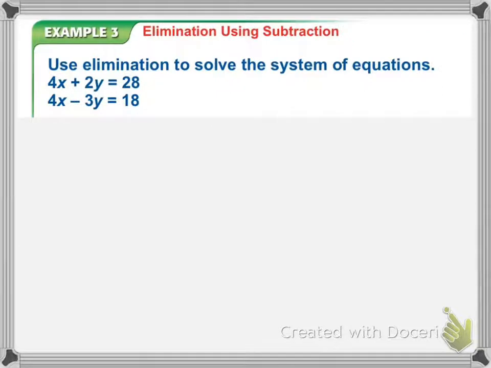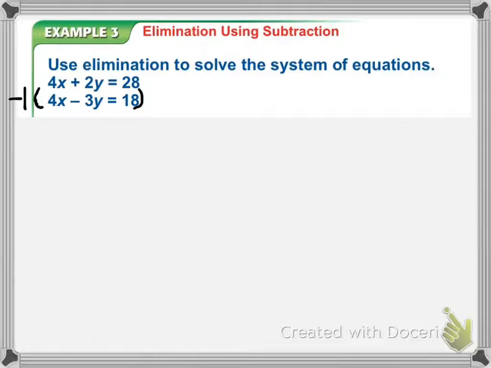Okay, so let's do the next one. Now, what you'll notice on this one is that you have matching values of 4x, but they're both positive. So you want to think to yourself, okay, how can I get those to cancel? And the answer to that is that you multiply through the entire equation by negative 1 because you want the signs to change, but you don't want to mess with the values at all, okay?